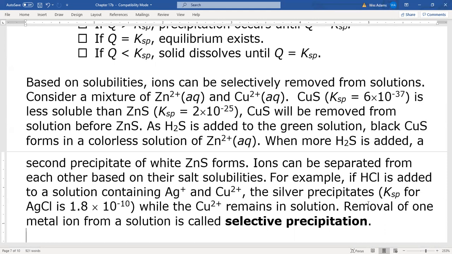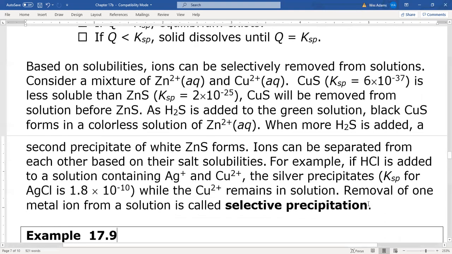So removal of one ion but not the other, we call that selective precipitation, and we can use the solubilities to do that. We choose something where one of the ions is soluble and the other one isn't, or one where one salt is significantly less soluble, so it'll preferentially precipitate out.